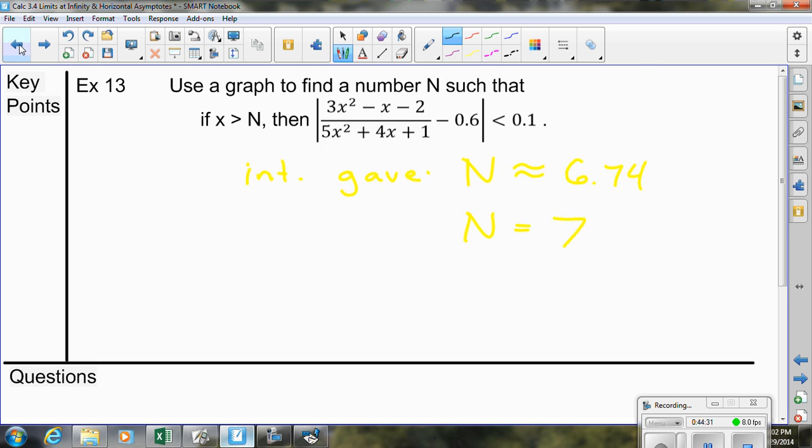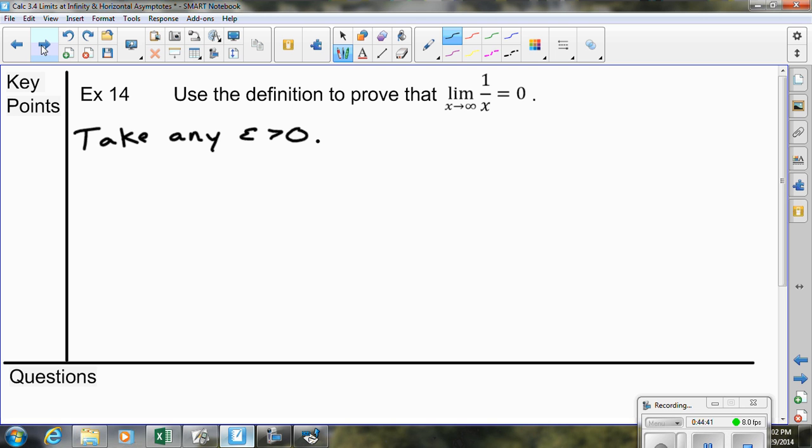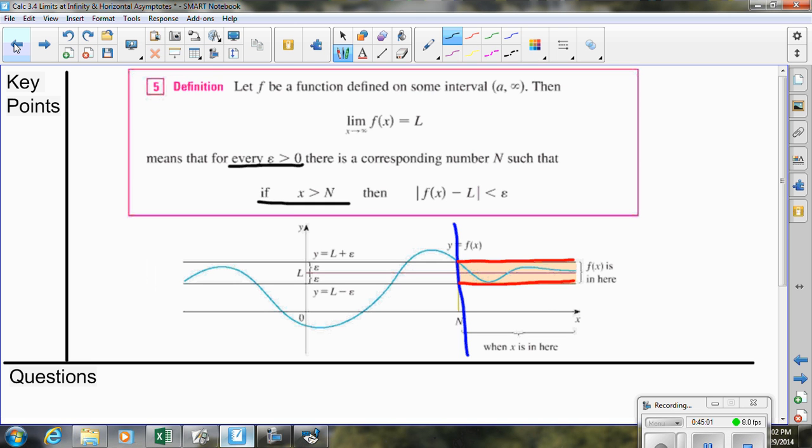The definition continues by saying there is a corresponding number n such that if x is greater than n, so we can then say suppose that x is greater than n. I'm sorry, that's my negative infinity. So x is greater than n.